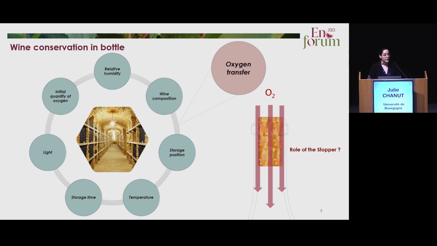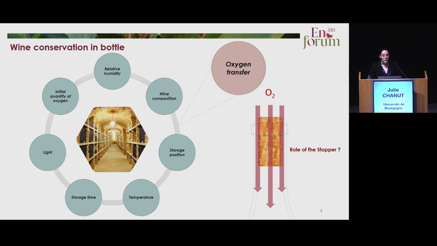You know that very many parameters should be considered with a fairly strong impact on the evolution of wine. Composition being one, which can be more or less sensitive to oxygen, then the position of the storage, which means horizontal or vertical, temperature of storage, the storage time, exposure or non-exposure to light, and additional parameters such as the initial quantity of oxygen in the bottle.